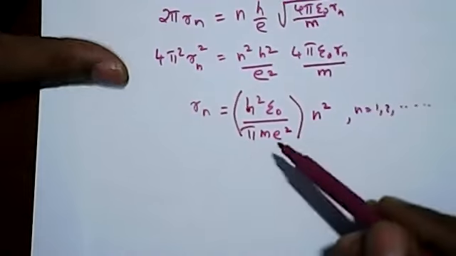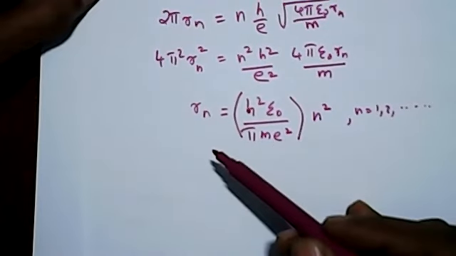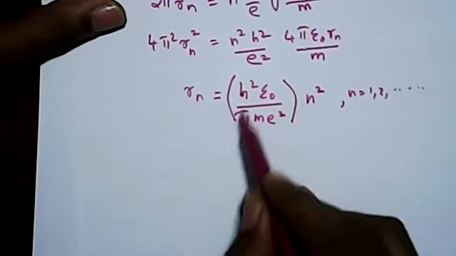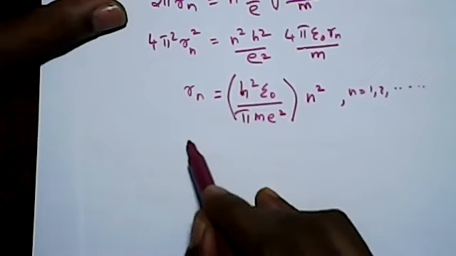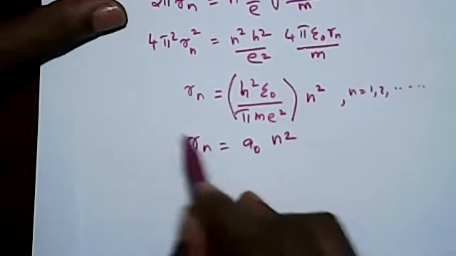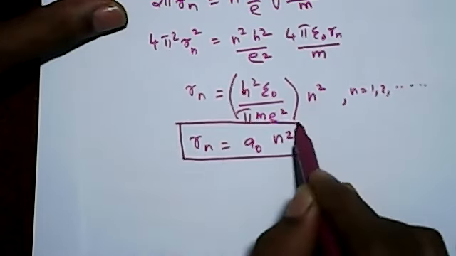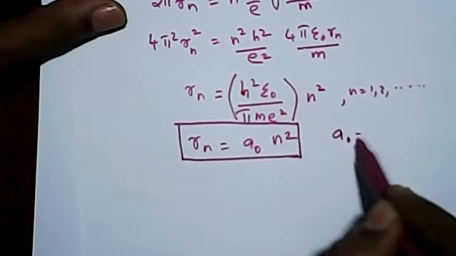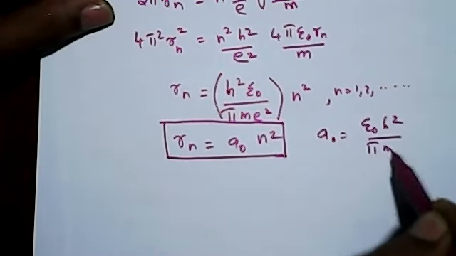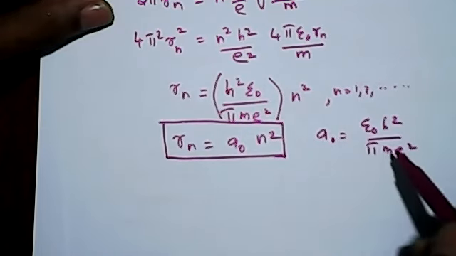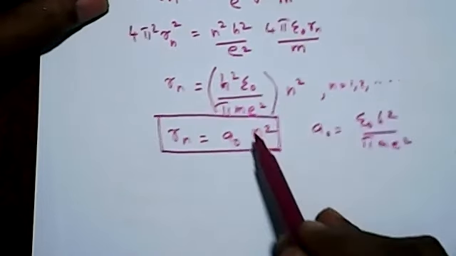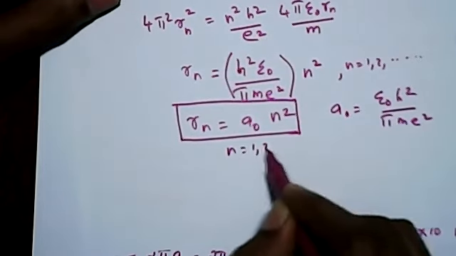This formula we have already seen earlier using the Bohr atom model, and this is nothing but the Bohr radius. So rn equals a0 n square, where a0 is epsilon 0 h square by pi m e square, which is the Bohr radius of the hydrogen atom. Here n equals 1, 2, 3, etc., integers.